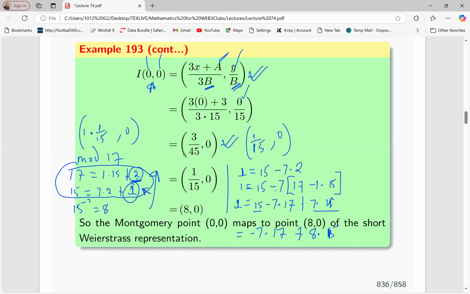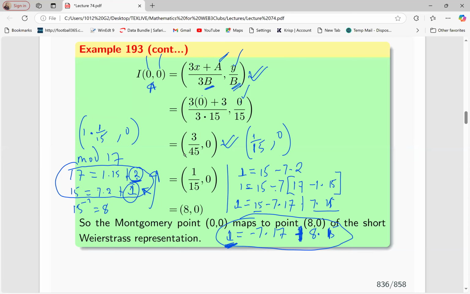So the question was, what is the inverse of 15? Using this equation, what number when multiplied by 15 gives you a remainder of 1?